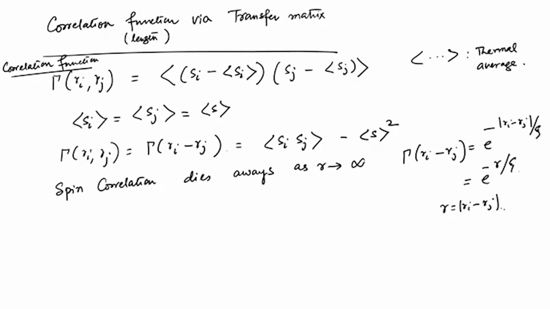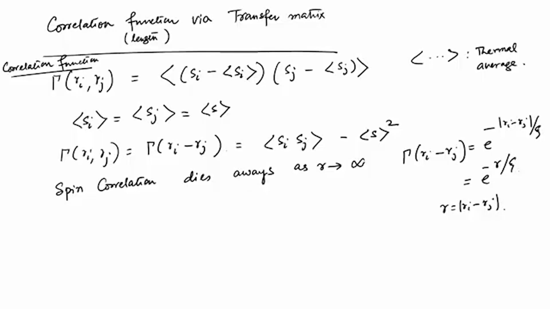Now, this spin correlation dies as r goes to infinity, which means that as you increase the distance from one site to another, the probability that you would get another upspin at an infinite distance really dies out. This is not only true below Tc, the transition temperature where the magnetic correlations occur, it is also true at T greater than Tc.